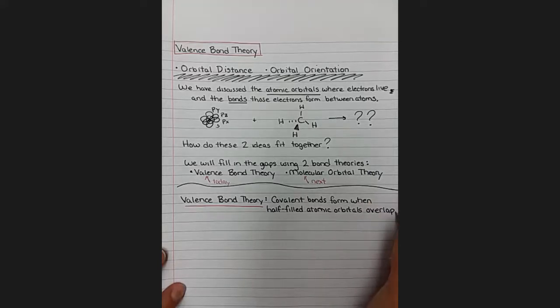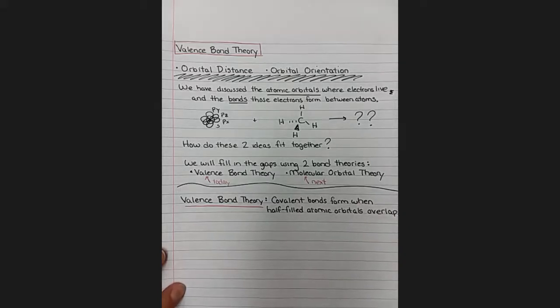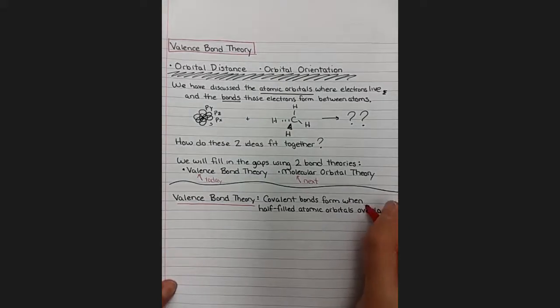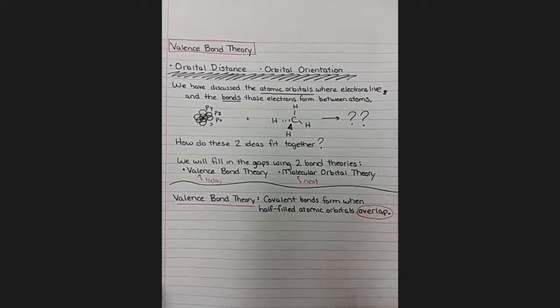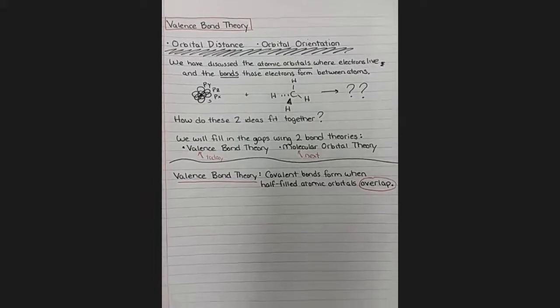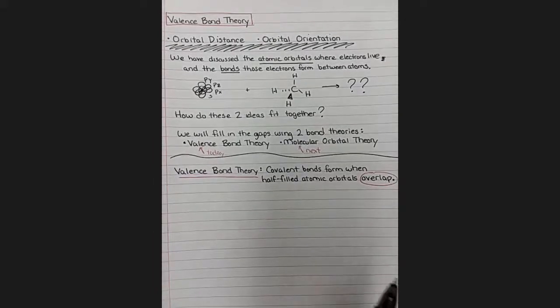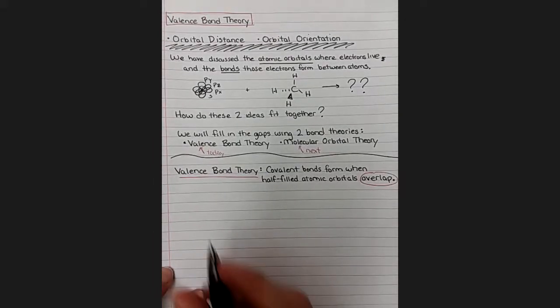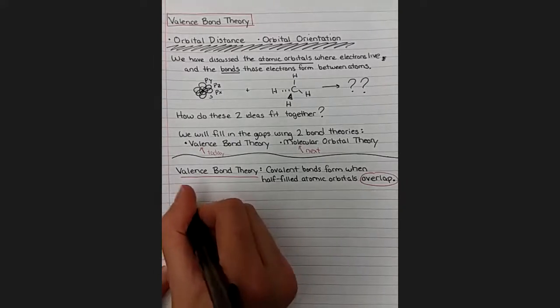This is a concept we briefly touched on before, but now it is going to be your new favorite word: orbital overlap. Orbital overlap is about the orbitals physically overlapping in space so that the electrons can exist in both of the orbitals at the same time.